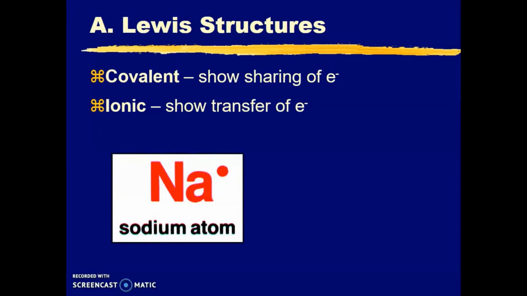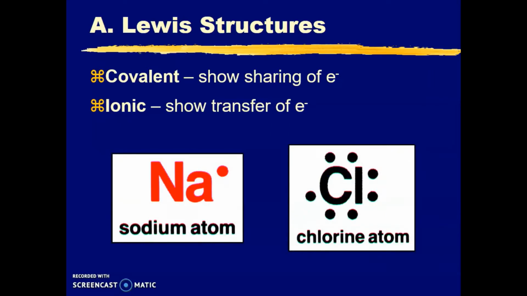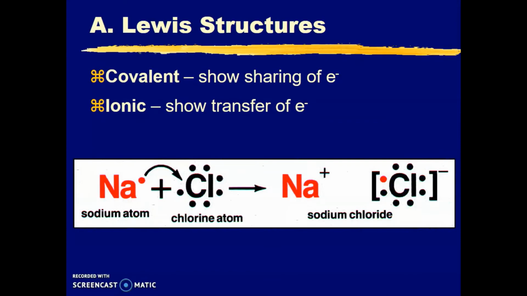Okay, so let's take a sodium atom and have it bond with a chlorine atom. Sodium has 1 valence electron. Chlorine has 7 valence electrons. We learned how to do those valence electrons on a single atom several lessons ago. So when we go to draw it out, we need to show the transfer.